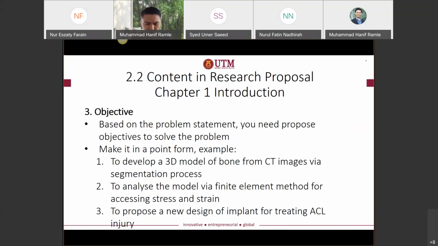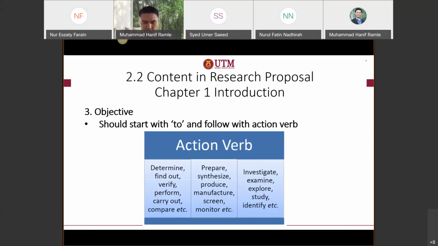Okay, again, objective. You have to start with the word "to", and follow with an action verb. There are many action verbs available from Google, and this is the only example that I can show you.